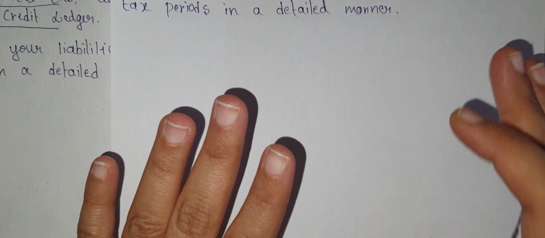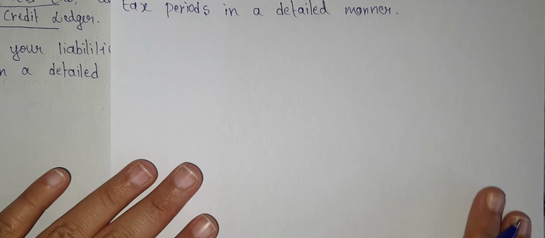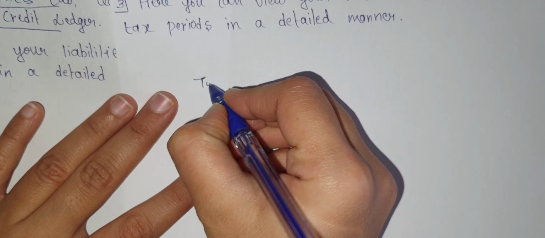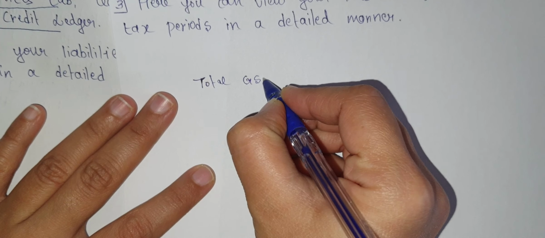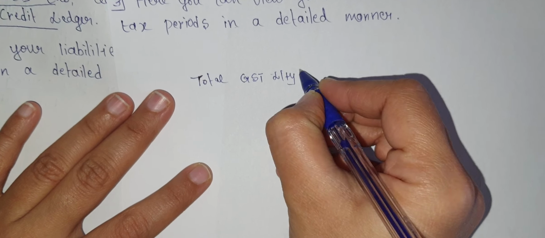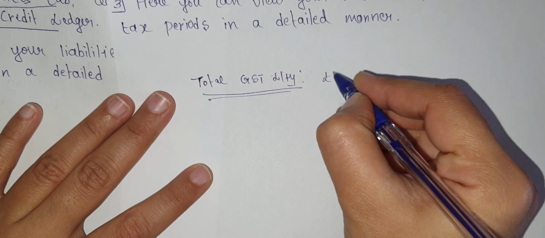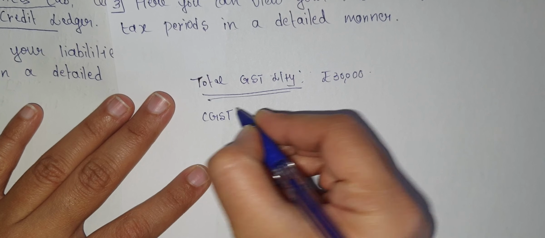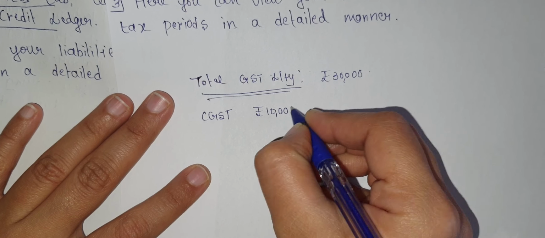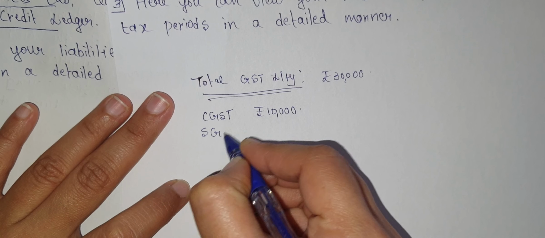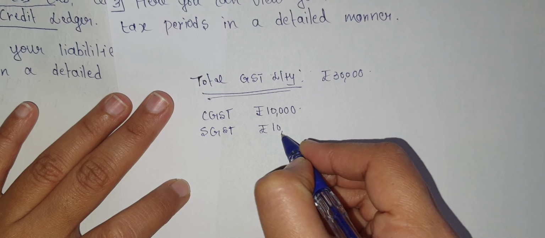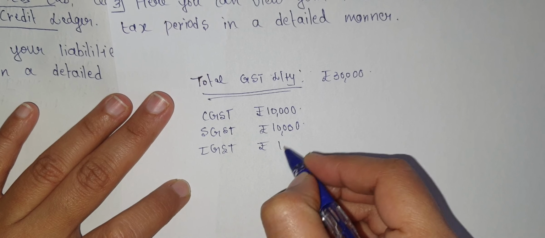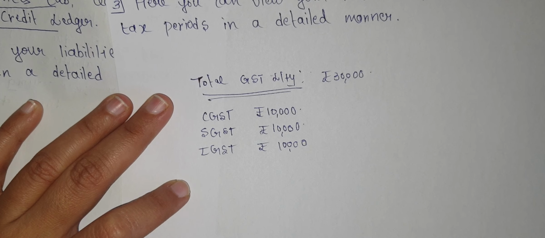For the tax period of December, your total GST liability is rupees 30,000, which includes CGST rupees 10,000, SGST rupees 10,000 and IGST rupees 10,000, totally rupees 30,000.